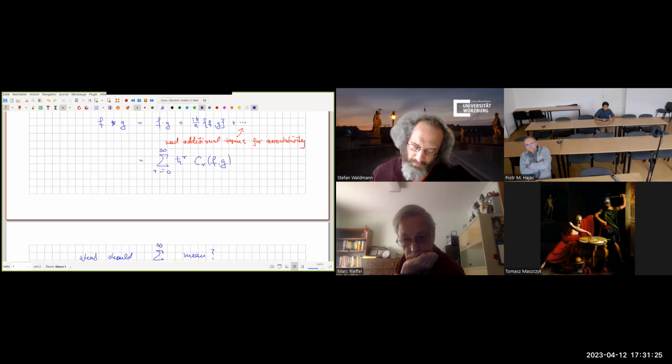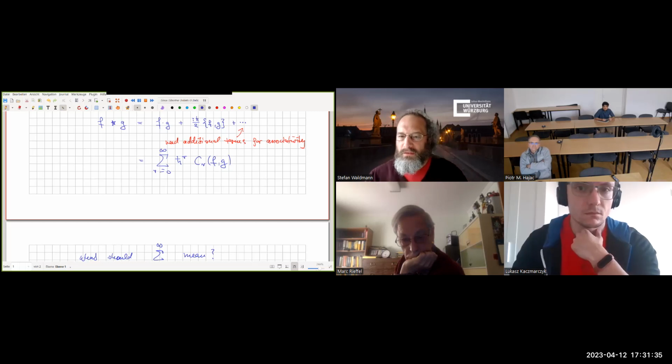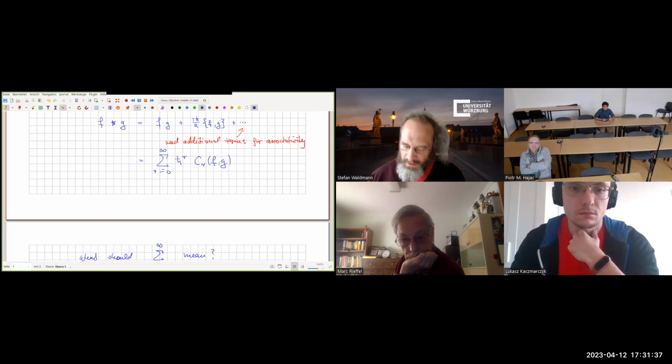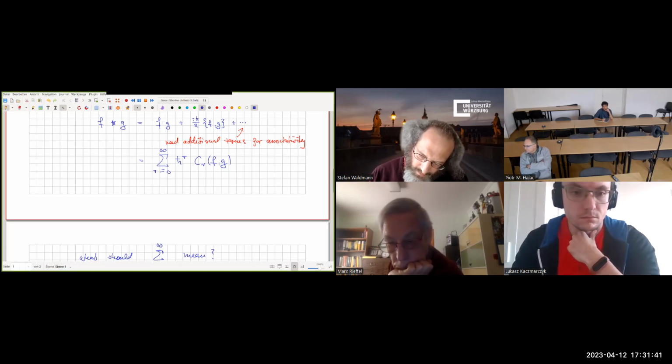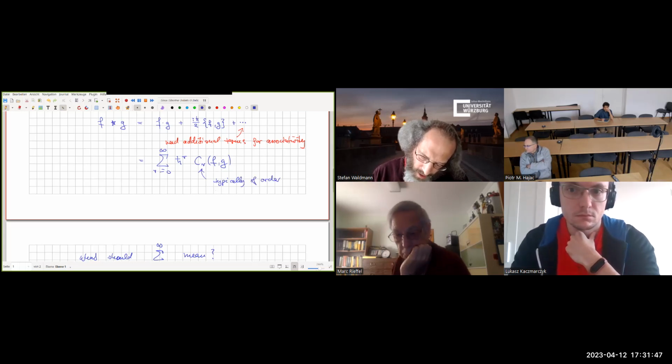That's a bidifferential operator of order 1. Each function gets differentiated once. If you continue this game, you see that in order h to the power 2, you will need second derivatives of the functions. And going on, you see that this C_r is typically of order r in each argument.